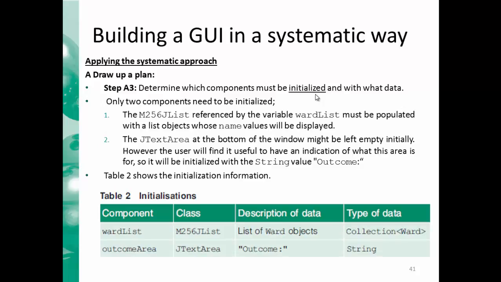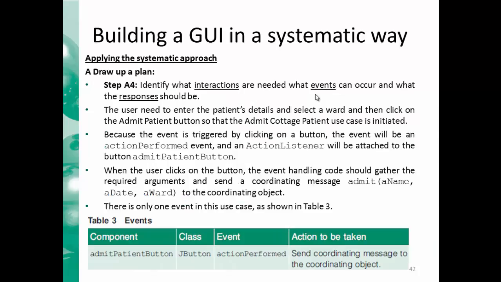Then we decide which components need to be initialized, and what data they should be initialized with if we decide to initialize them. Then we follow the plan of identifying the interactions needed, what events can occur, and what the responses should be for these events.